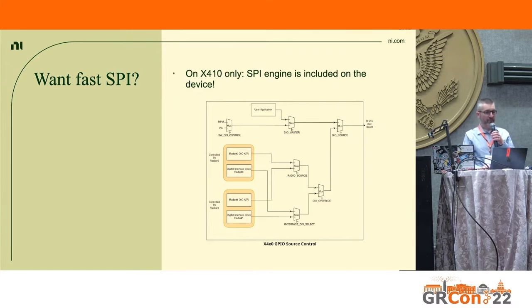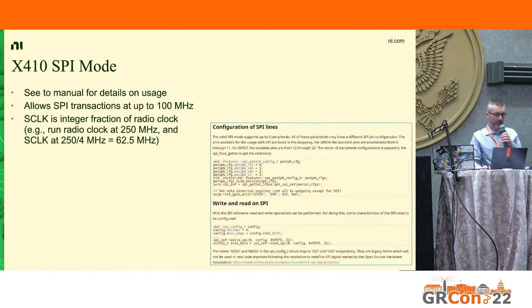And you can do that. So you're limited to about 100 megahertz, and the actual SPI clock that you can use is always an integer fraction of your radio clock. So in this example, let's say you run at 250 megahertz, so that would be 250 megasamples coming in and out. Then you can say, okay, I'm going to divide that by 4, gives me 62.5 megahertz, and then that's my clock speed. So you can do pretty good stuff, not just timed, but also fast.